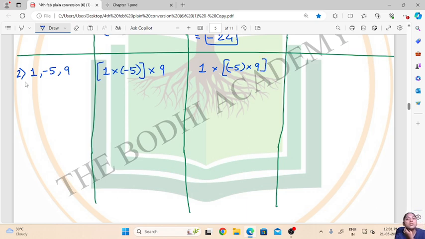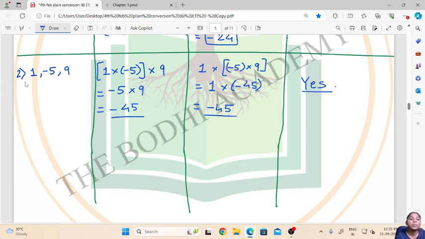Now let us solve these two expressions. First we get 5 into 1 is 5 and the minus sign, into 9, we get -45. Over here we have 1 multiplied by -45, so the answer will be -45 here as well. So we are getting the same answer. So (a × b) × c is equal to a × (b × c).